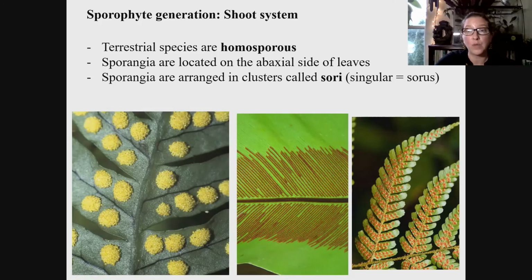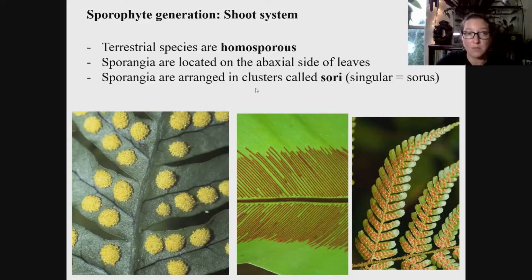So we know, because we're in the spore-shedding vascular plants, that the sporangia are going to be located on leaves. And we know, because we're in the ferns, that the ferns have megaphyll leaves, or leaves with many veins. So sporangia are going to be on megaphylls. And in the case of ferns, the sporangia are going to be located on the bottom side of the leaf.